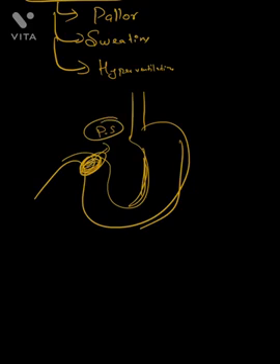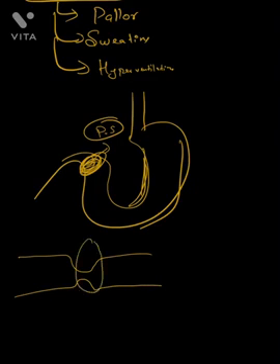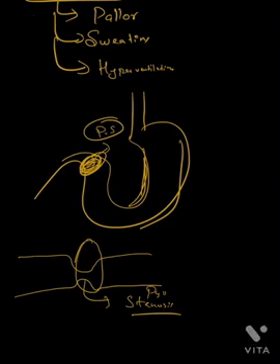Stenosis means narrowing of the tube, the gut. The stenosis might be present in the pylorus, and we say the stenosis is present, so that's why the patient is vomiting. So this is what happens in vomiting.